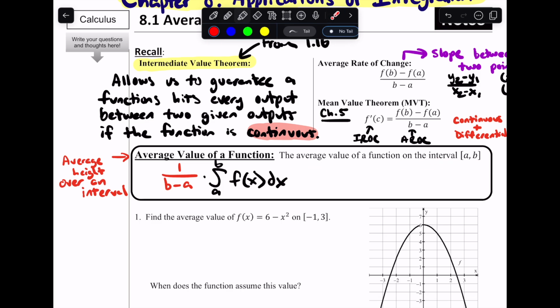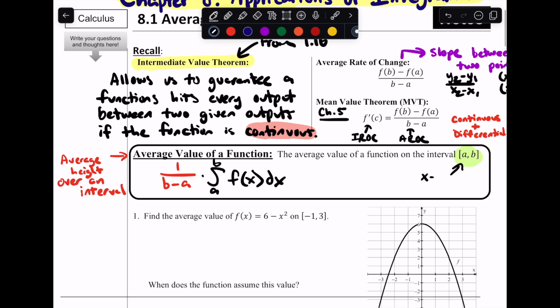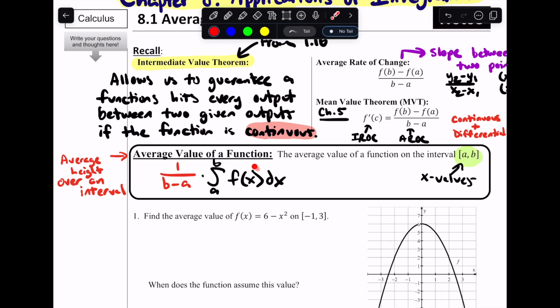Most of the time, depending upon the inputs, we're thinking about the x values of the interval, going from an x value of a to an x value of b. This is essentially finding the area between the curve and the x-axis from a to b, and then we're dividing by the width of the interval, going from a to b in this case.